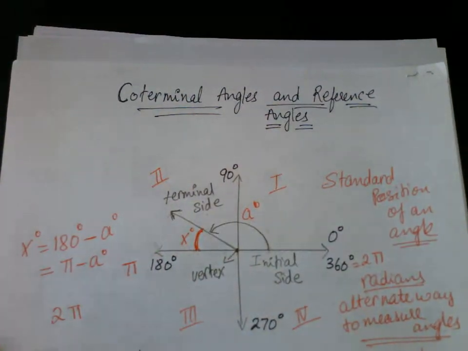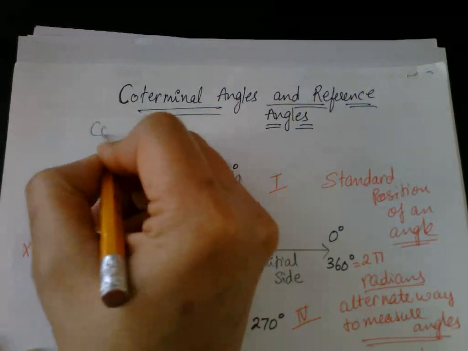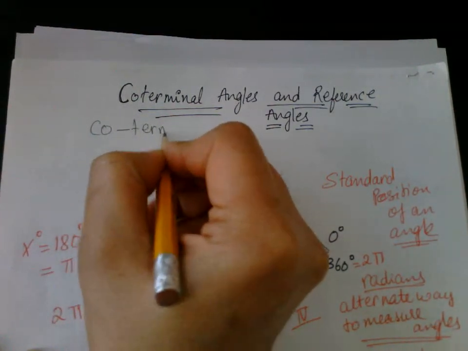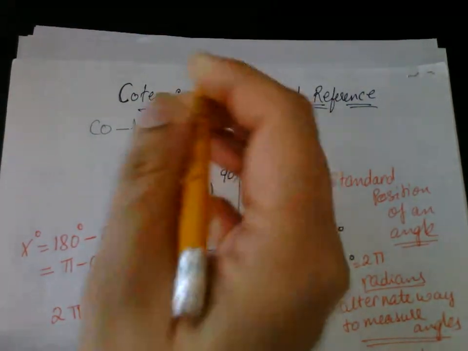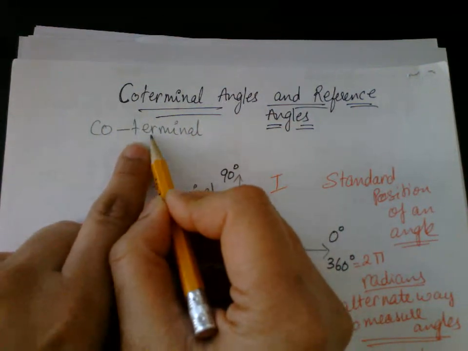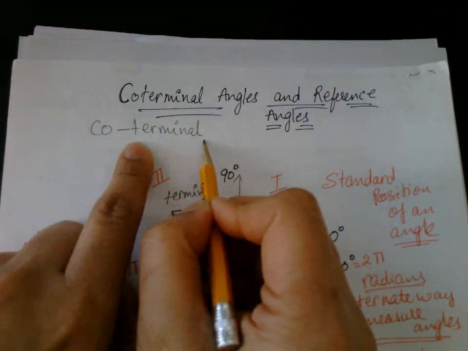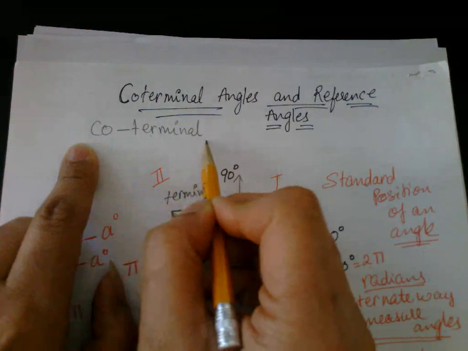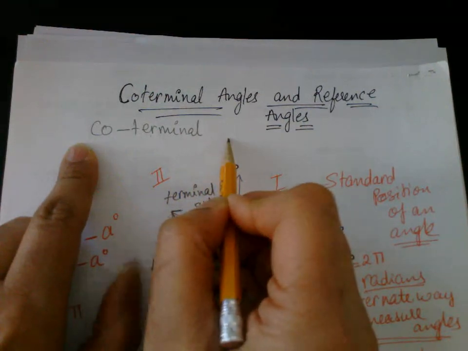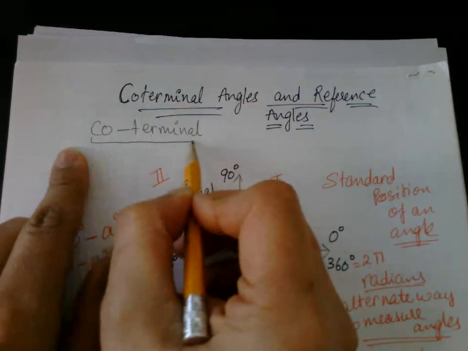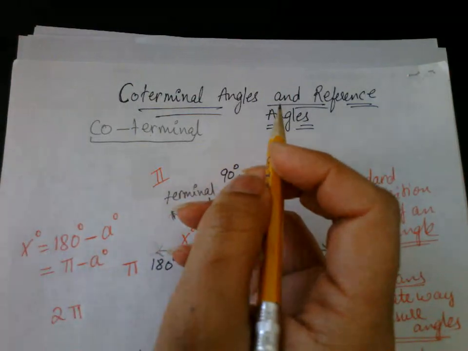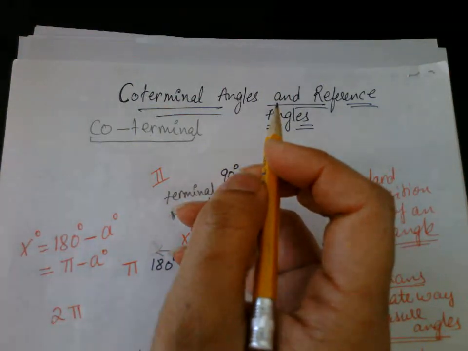As the name suggests, any angles that share the same terminal side are called coterminal angles.